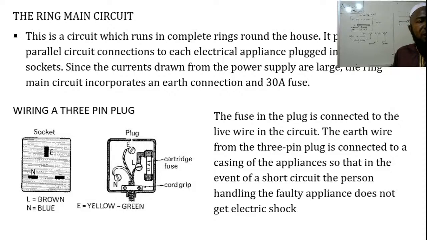The fuse is connected to the live wire. Meaning that you can have only 2 wires for your appliance to work. As long as you have a neutral wire and the live wire, the appliance can work.